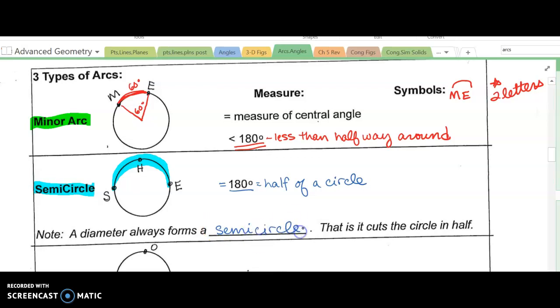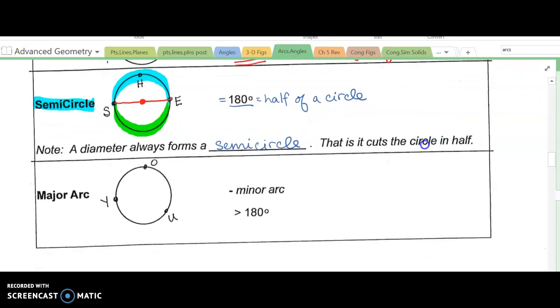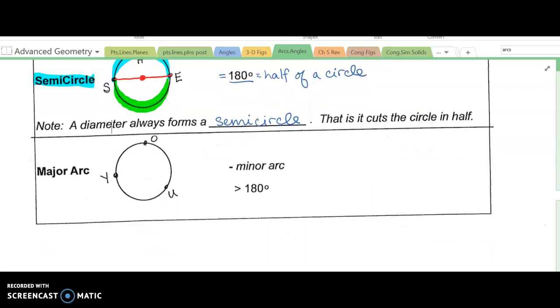Well, I mean anytime that you draw that diameter that goes through the center of the circle. Remember, a diameter has to go through the center. It's always going to cut your circle in half with two semicircles on either side. A semicircle on the top and a semicircle on the bottom. So you can think of a diameter as always cutting a circle in half.